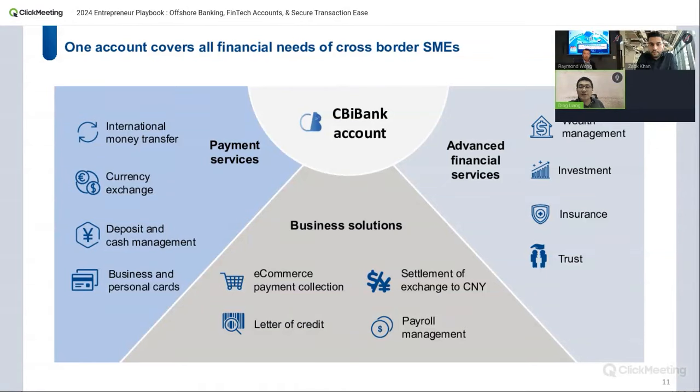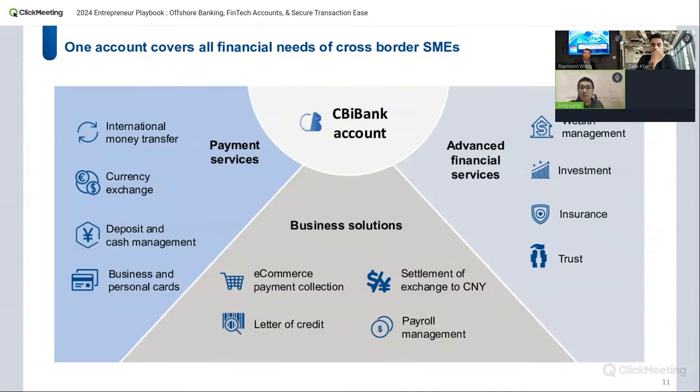The second layer is some business solutions, which differentiate us quite a bit. Given that most of our clients are small businesses doing cross-border business between, let's say, China and the US, or between Hong Kong and Europe, they do need particular solutions for their business scenarios. Let's say we provide e-commerce payment collection.